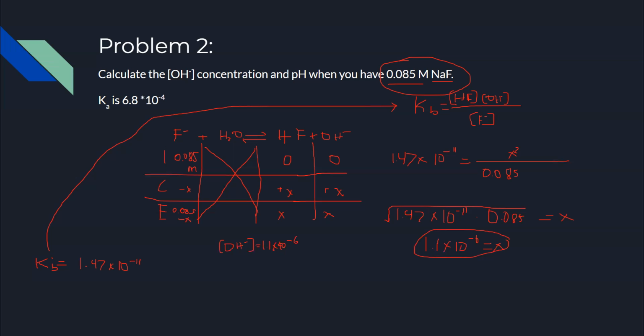Now you just define pOH, which is negative log of the hydroxide concentration. You just do negative log of 1.1 times 10 to the negative 6, which then equals 5.95. You should use a calculator because it is hard to calculate.